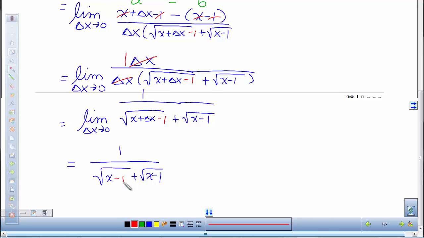And so now I can simplify this to, since these are now exactly the same, square root of x minus 1 plus the square root of x minus 1, we get 1 over 2 times the square root of x minus 1. And that would be our derivative. f prime of x is equal to 1 over 2 times the square root of x minus 1.